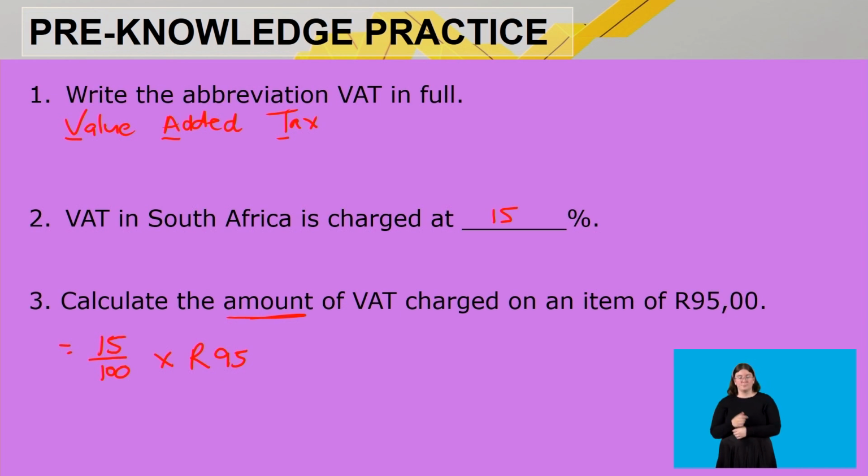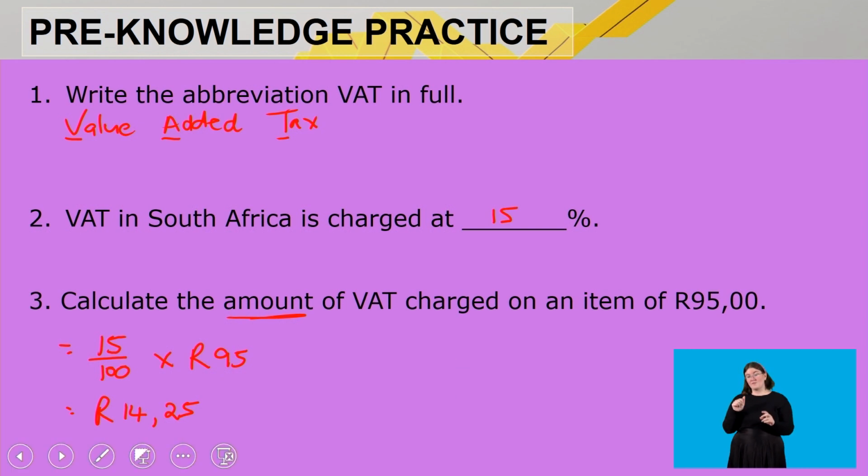I'll type this in on my calculator: 15 divided by 100, multiply by 95 Rand. So this will give us an answer of 14 Rand and 25 cents. Okay, are we clear? So the amount of VAT is 14 Rand and 25 cents.